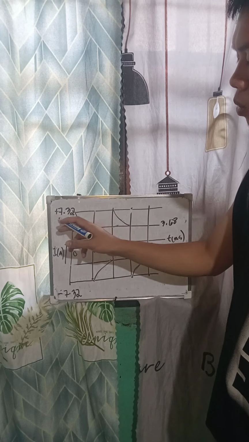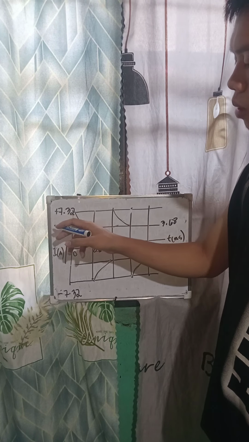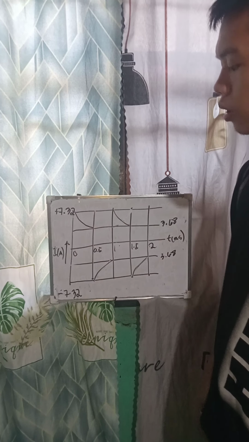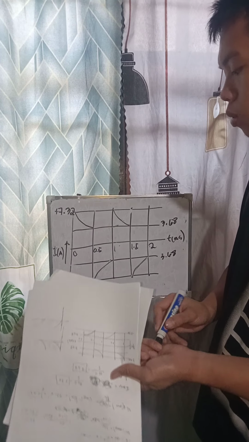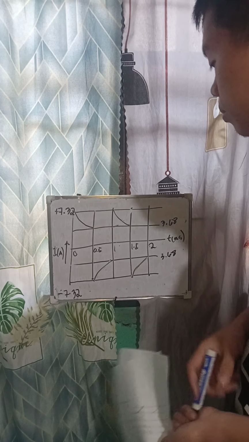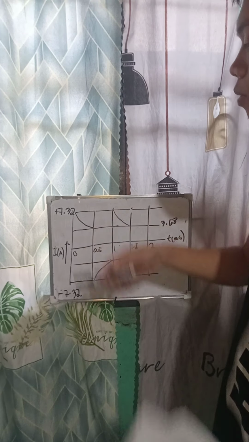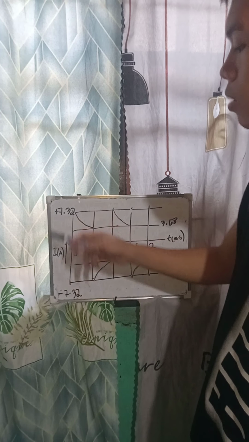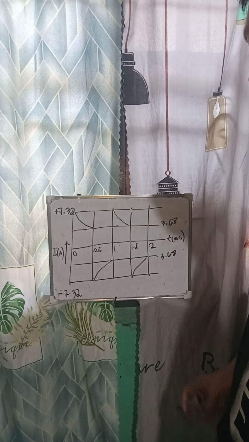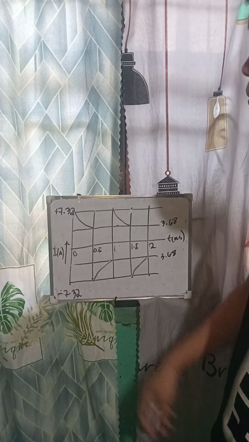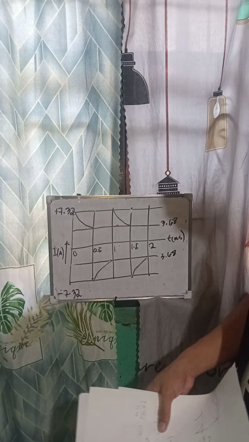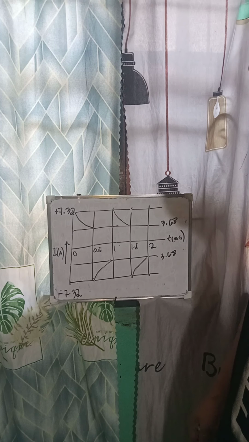As we know, this will be the positive or the maximum 7.32 and the negative 7.32, and then the current, positive maximum and negative, lies at the 3.68 as the minimum in the current waveform.